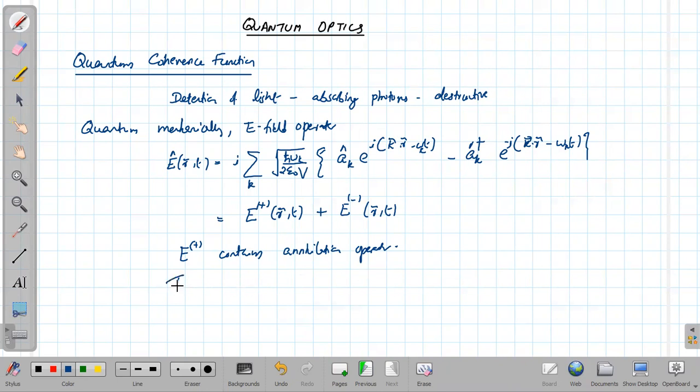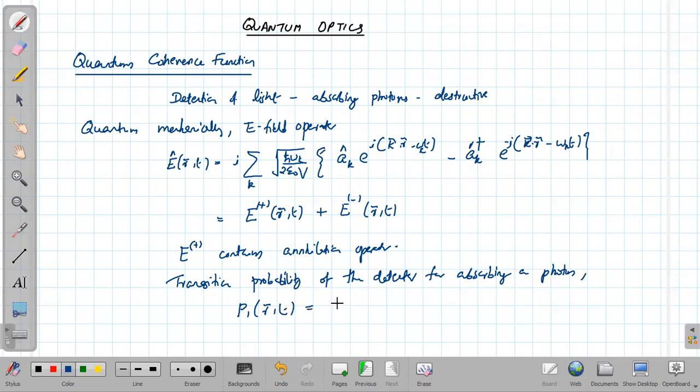The transition probability of the detector for absorbing a photon, we can write as P₁(r,t).